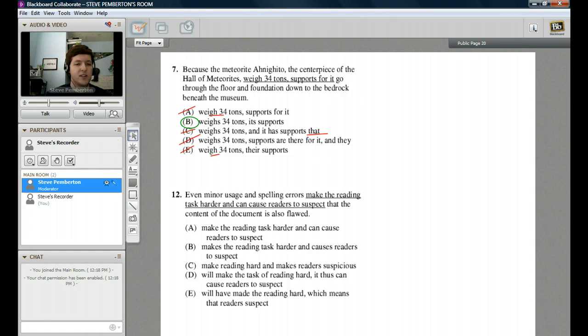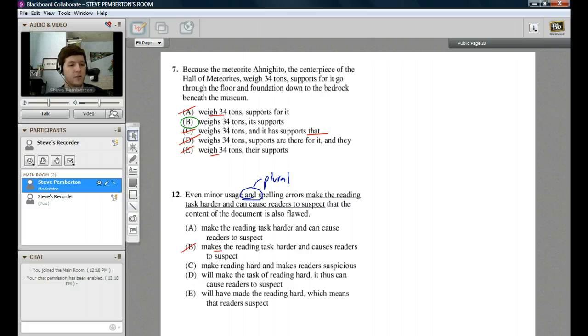So even minor usage and spelling errors make the reading. Well, the subject would be the minor usage and the spelling errors. So it's plural, so we need a plural verb. Remember, plural verbs usually don't have an S on the end.